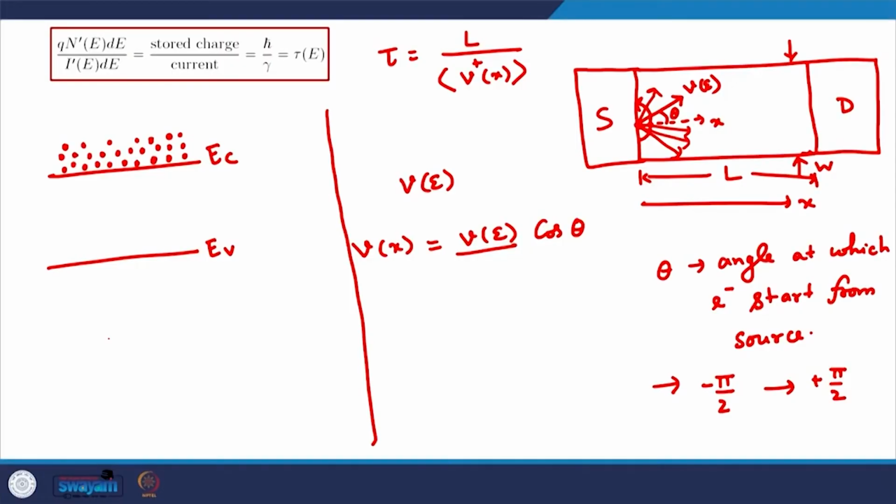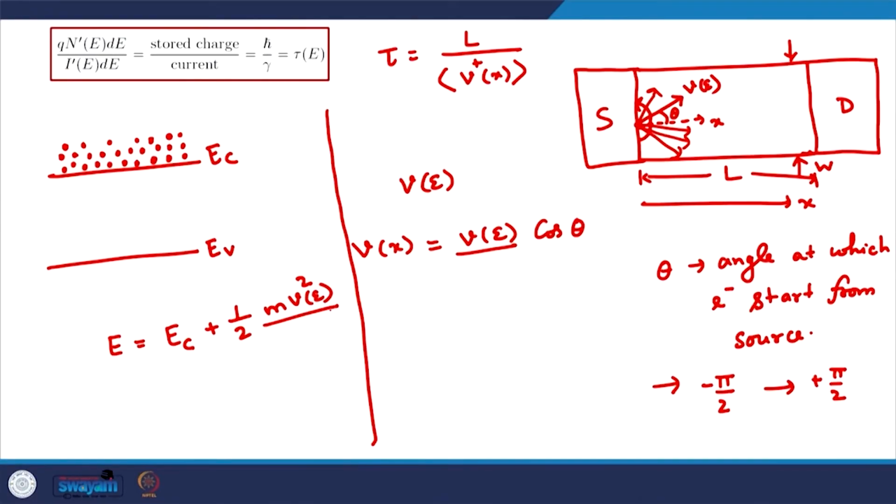Okay. For the electrons in the conduction band, we can write the energy of electrons to be E equals E c plus half m v square. So, the energy in excess of the conduction band edge is the kinetic energy of the electrons. If the electron is sitting here, this much will be the kinetic energy, and so half m ve square will be equal to E minus Ec.